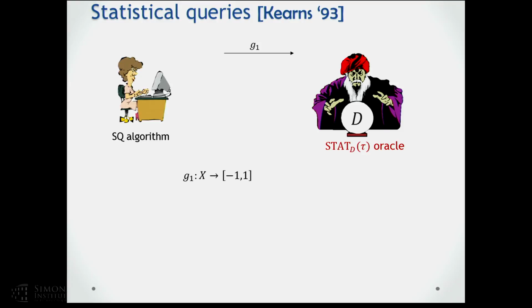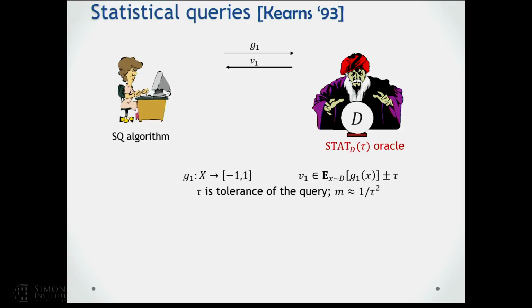And as a response to that query, the algorithm gets some value V, which estimates the expectation of this function on a sample drawn randomly from this distribution D up to some parameter tau, which is referred to as the tolerance of the query. And it roughly corresponds to the number of samples in the original model.